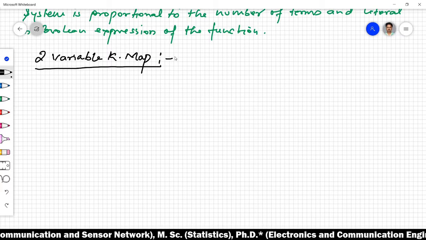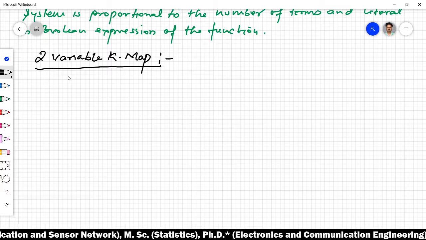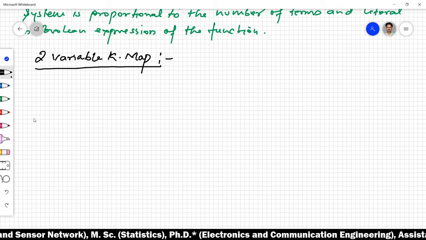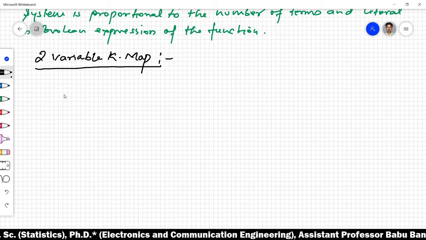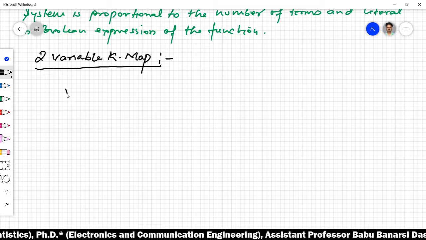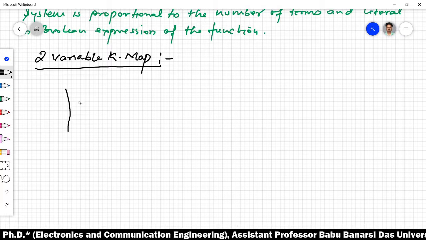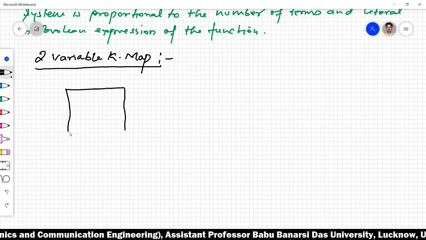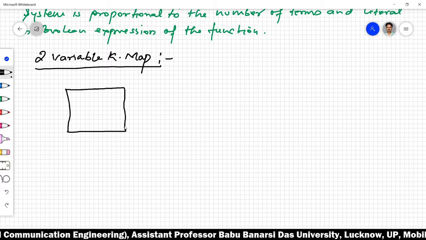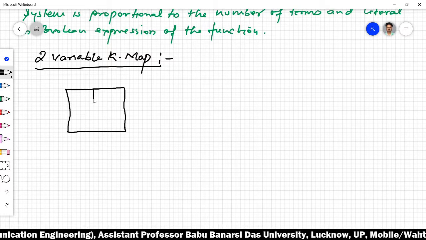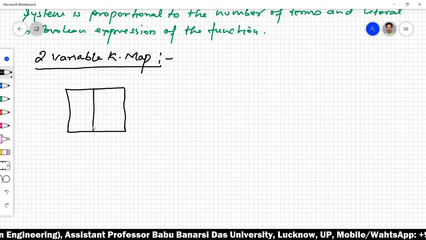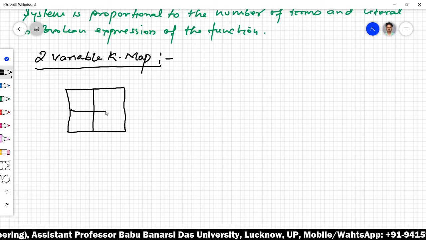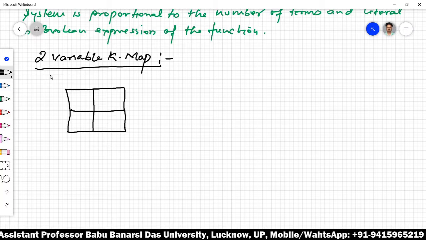Two variable K-map. First of all, let me draw one small rectangular box, because we are considering the two variable case, and with two variables we can generate 2 raised to the power 2, that is 4, different input combinations.